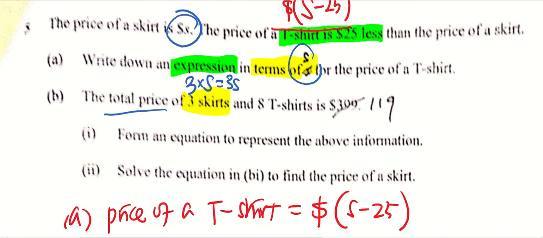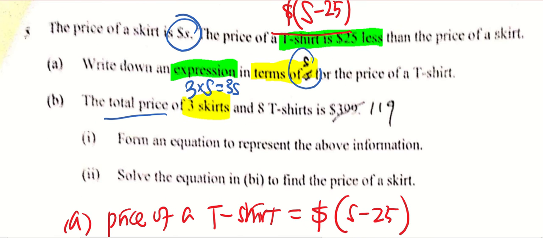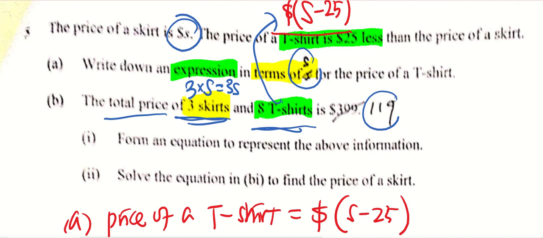And 8 t-shirts over here. We know the price of each t-shirt is over here, so it's 8 times this. And the total price is 119. So if I add up the price of 3 skirts and 8 t-shirts, it is totally $119.